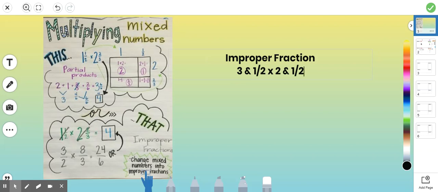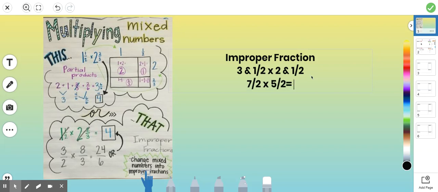If I changed 3.5 to an improper fraction, then I would do 3 times 2 is 6 plus 1 is 7. So this would turn to 7 halves times 2 times 2 is 4 plus 1 is 5 halves.